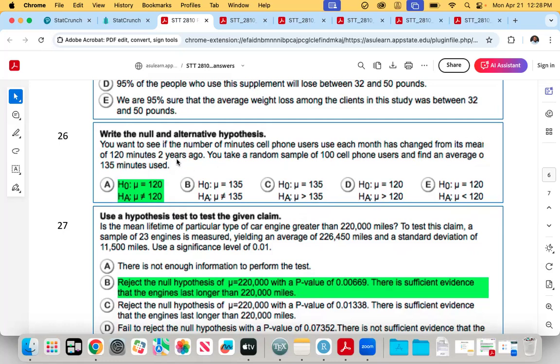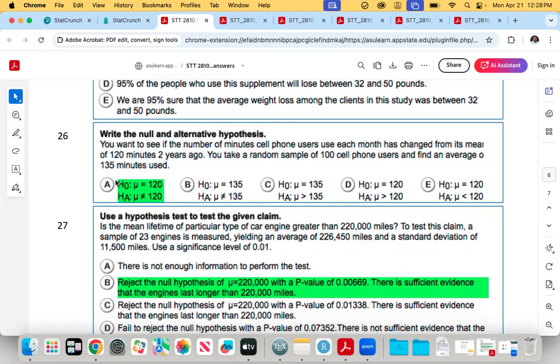So what did you do? You randomly sample 100 cell phone users and find an average of this. So this is the sample mean of the 100 cell phone users you took. And this is the X bar.